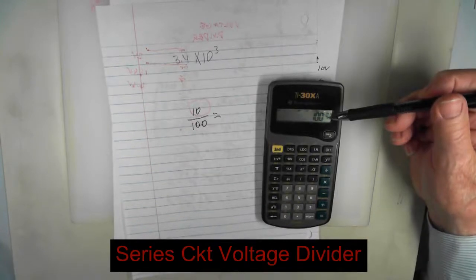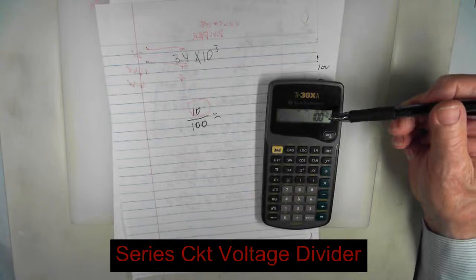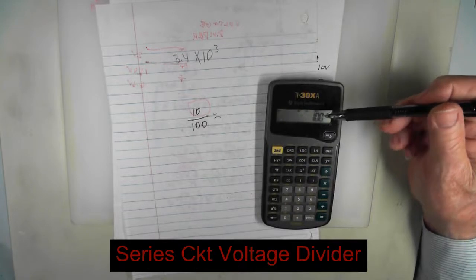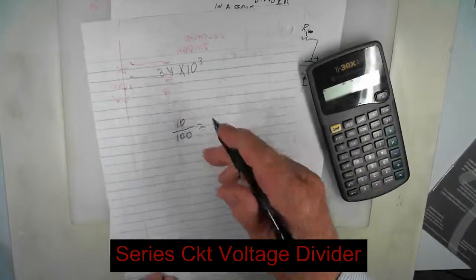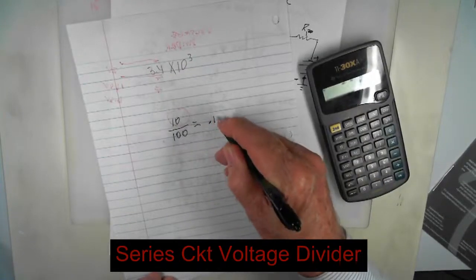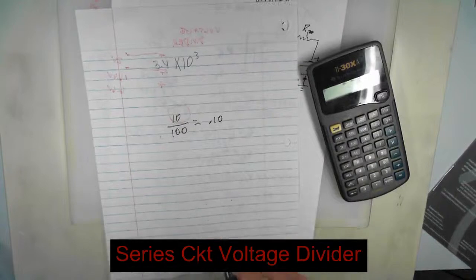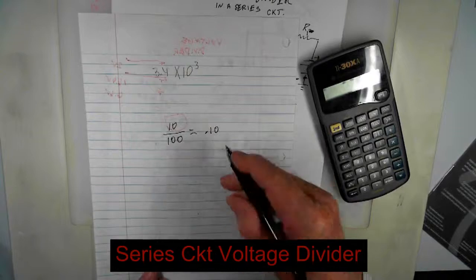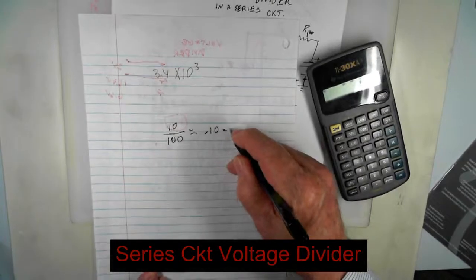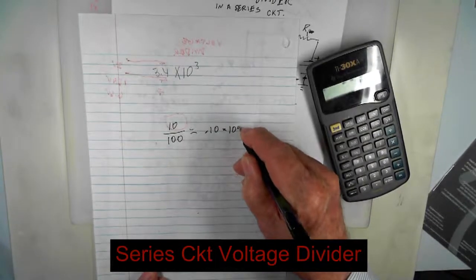That tells me that I need to move my decimal point to the left. Okay, so I come out with 0.10, and we know from basic mathematics that that equals 10%. Is that clear?